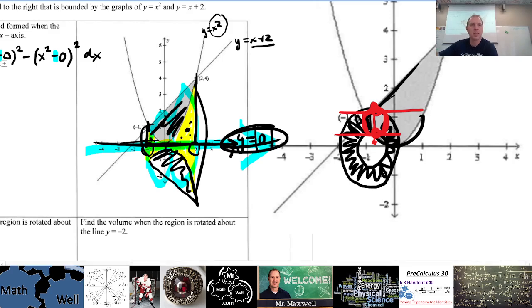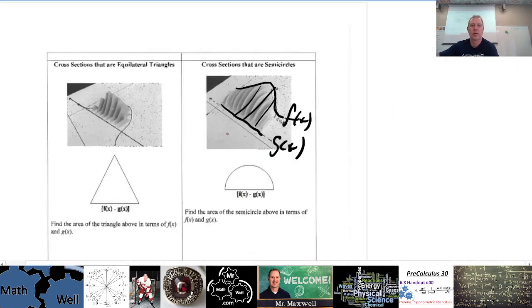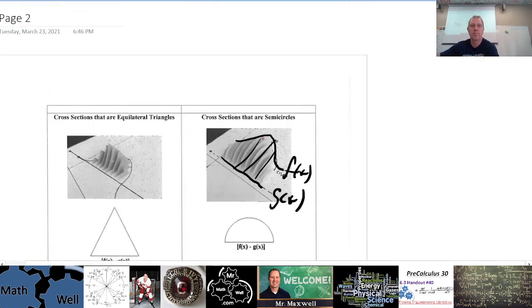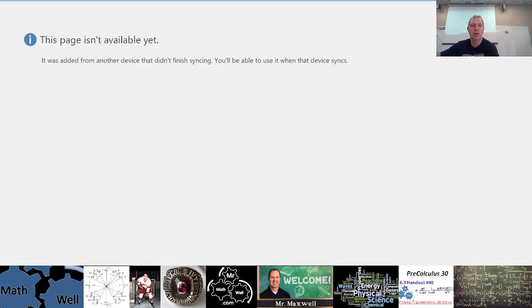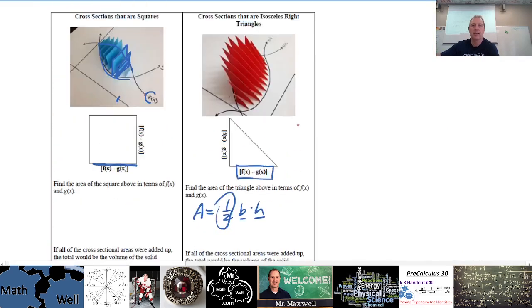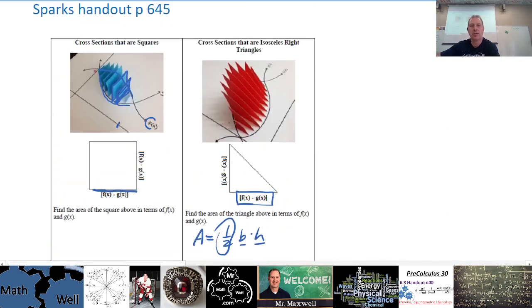So remember from yesterday, where were we? Let's go back. Yesterday, right here, see this? Remember the little fish shape here? That's f of x, and then this under here is g of x, right? So guess what?